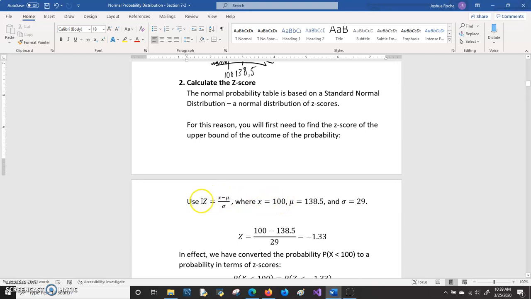So here's the formula for the z-score. X is 100 because that's our upper bound. Here's the mean and the standard deviation. Plug those in. The z-score comes out to negative 1.33.